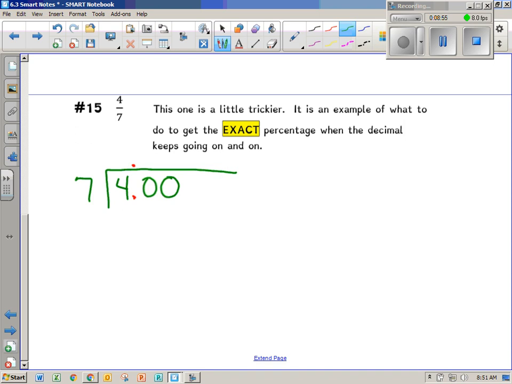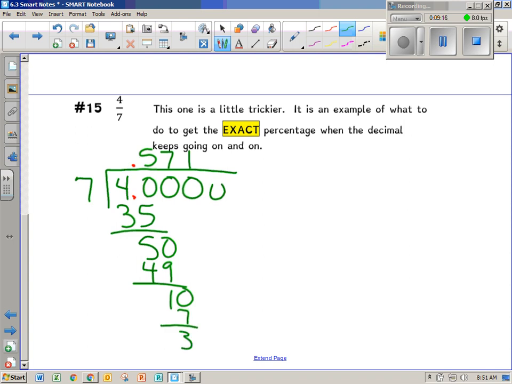So if I start dividing 7 into 40, that's going to go 5 times. 35. 7 into 50 is 7. That's 49. Add another 0. 7 into 10 goes once. 0. 7 into 30, 4.